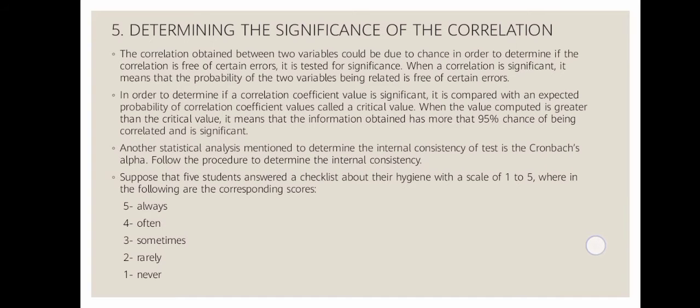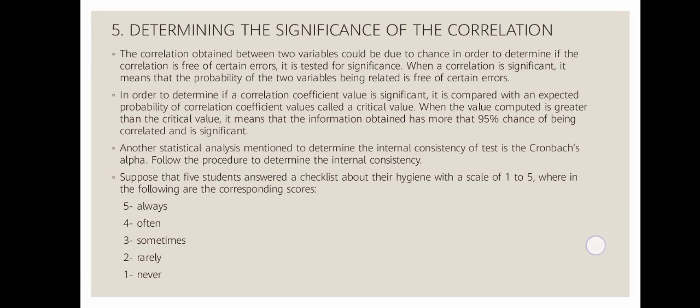In order to determine if a correlation coefficient value is significant, it is compared with an expected probability of correlation coefficient value called a critical value. When the value computed is greater than the critical value, it means that the information obtained has more than 95% chance of being correlated and significant.